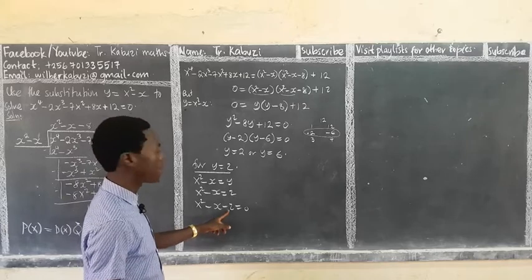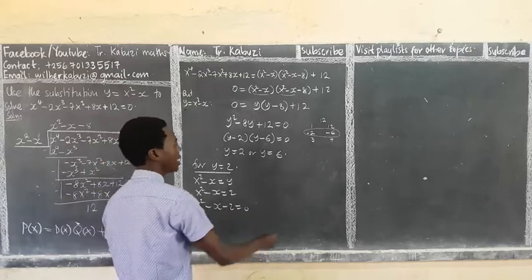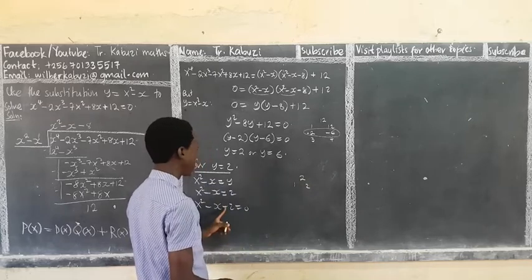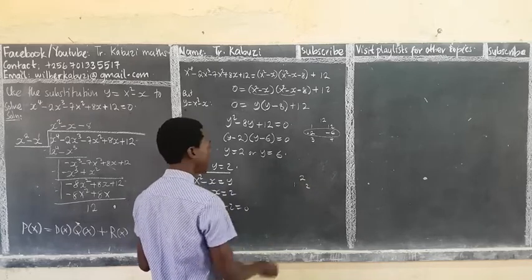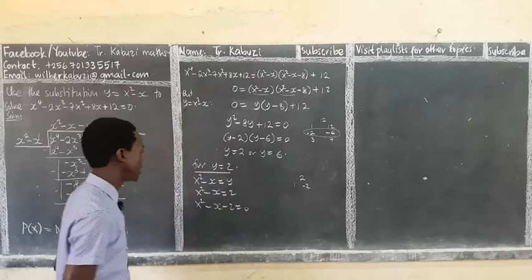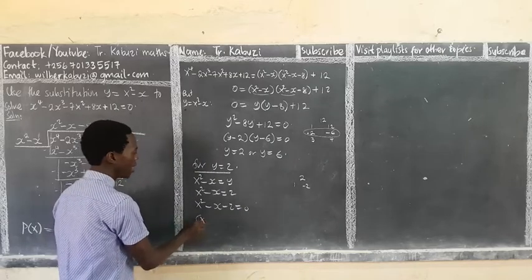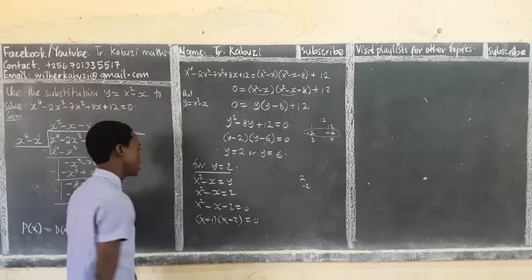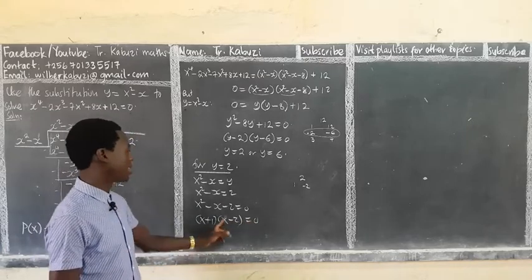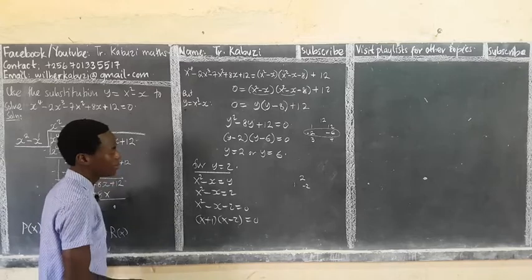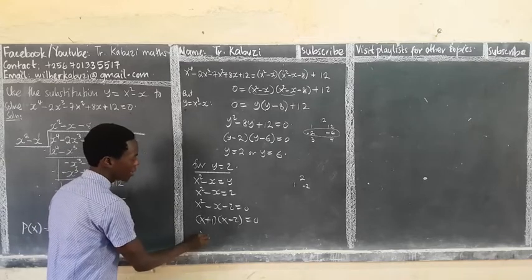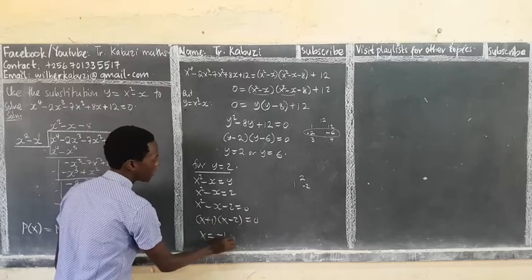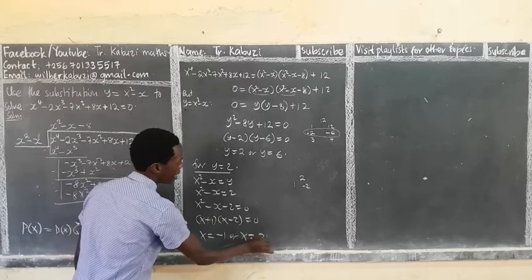Two numbers I multiply, I get 2: 1 and 2. Since this is negative, they have different signs. So now this would be x plus 1 into x minus 2 equaling to 0. When we expand this, you go back to that thing there. So either my x, when I equate this to 0, will be negative 1, or x will be 2.